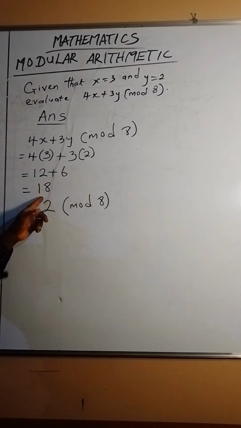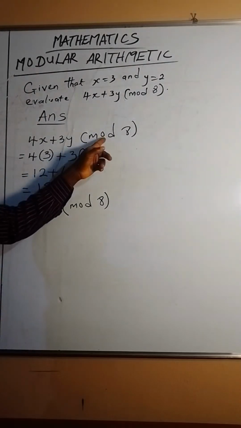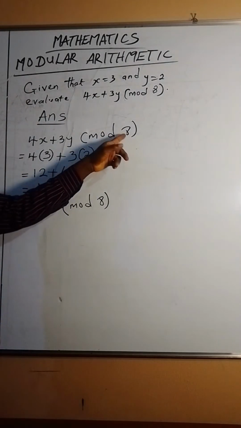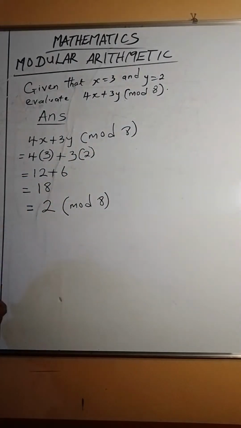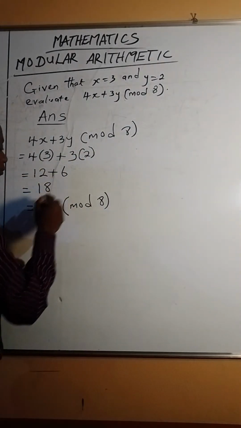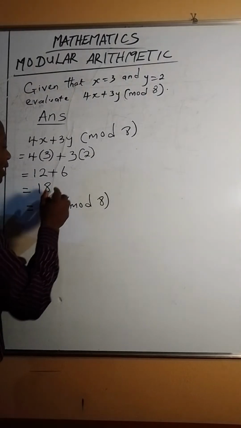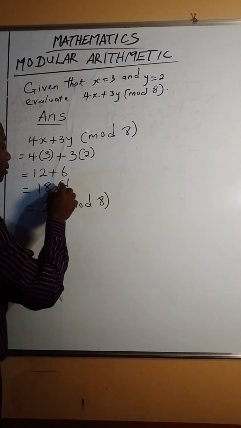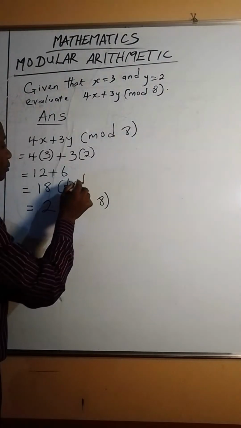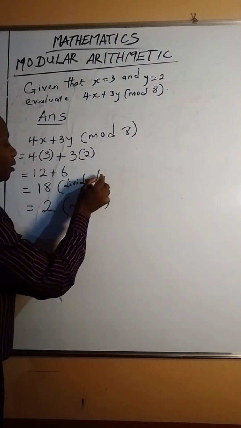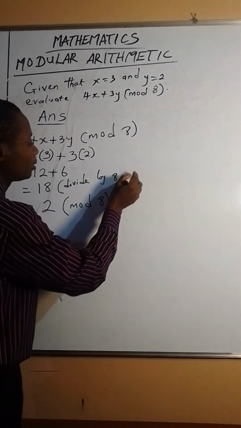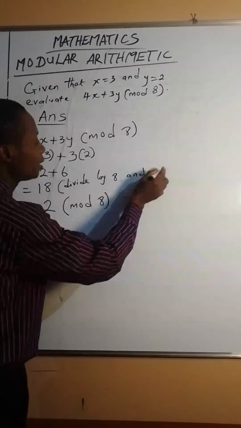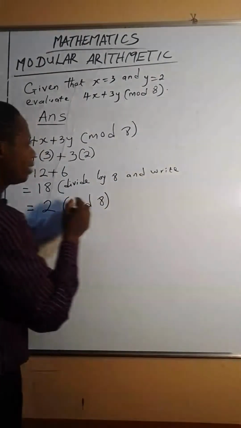But 18 is not the final answer because the mod we are dealing with is 8. So we have to use this mod to divide 18. When we divide 18 by 8, which is the mod, we get 2. So to get the answer, divide 18 by 8 and write down the remainder.